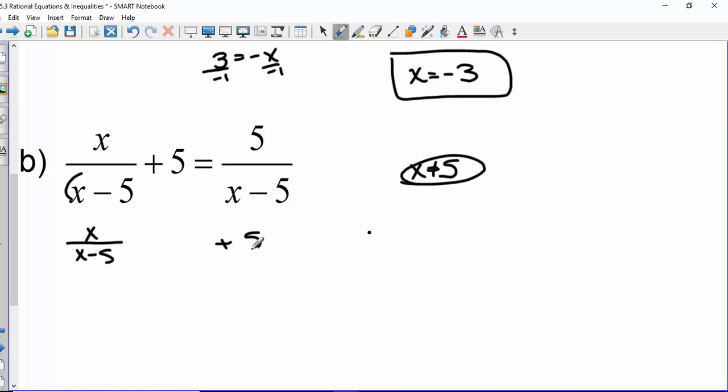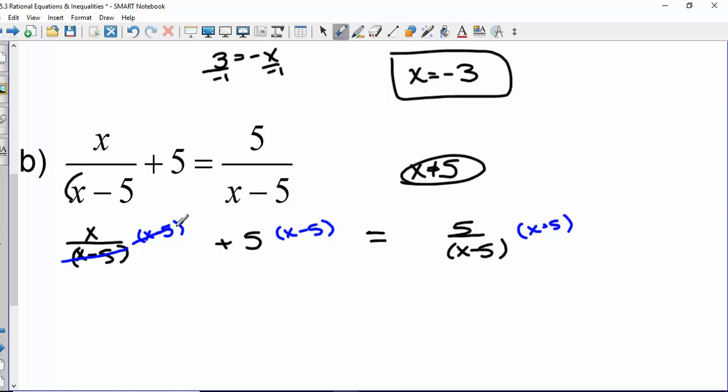I need more space than that. We have 3 pieces here again. So for the first fraction, to get rid of that denominator, I have to multiply by x minus 5. You don't even have to do conjugate. When I do that, the x minus 5 drops here and here. So do we need to multiply by anything else? No. So in the first term, all we have left is x.